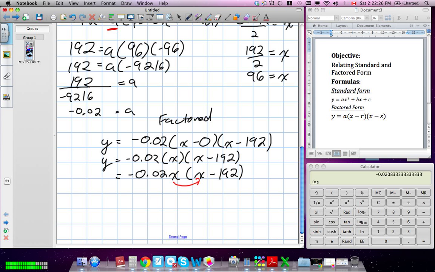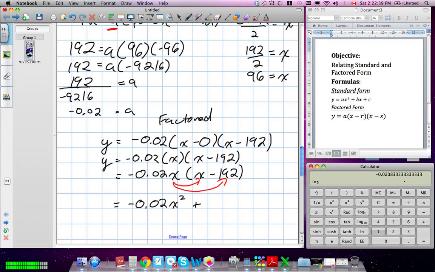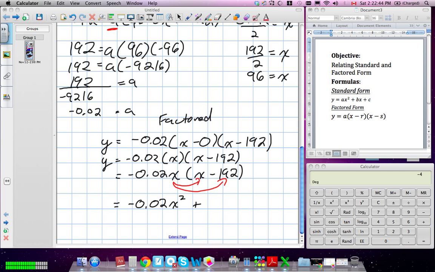So we're going to get negative 0.02x squared plus negative 0.84. So that's because we rounded. Now I want to show you, I had kept the original number over here, 192 divided by 9216.